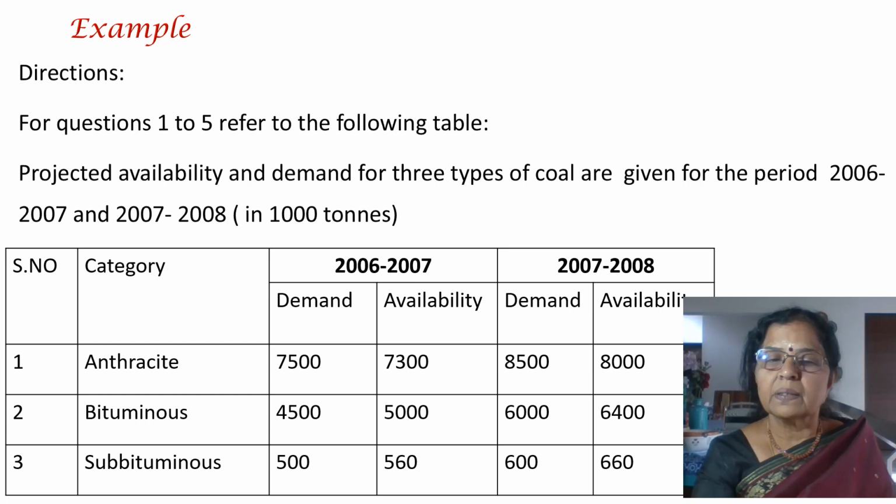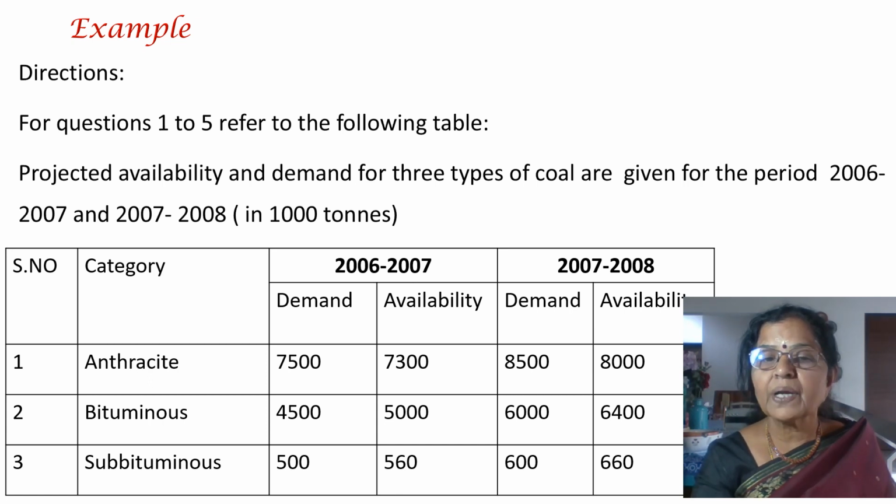So their availability and demand for 2 consecutive years are given. One is the period 2006 to 7 and another one is 2007 to 8. And note, an important thing, within brackets it says in 1,000 tons. So all the figures are in 1,000.